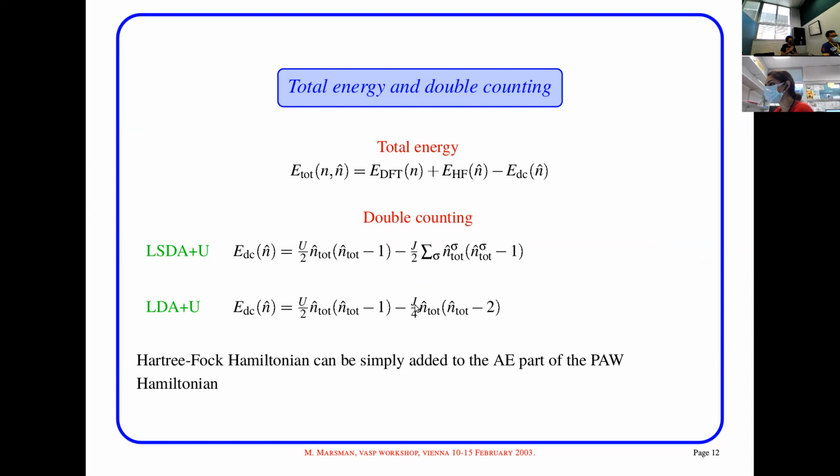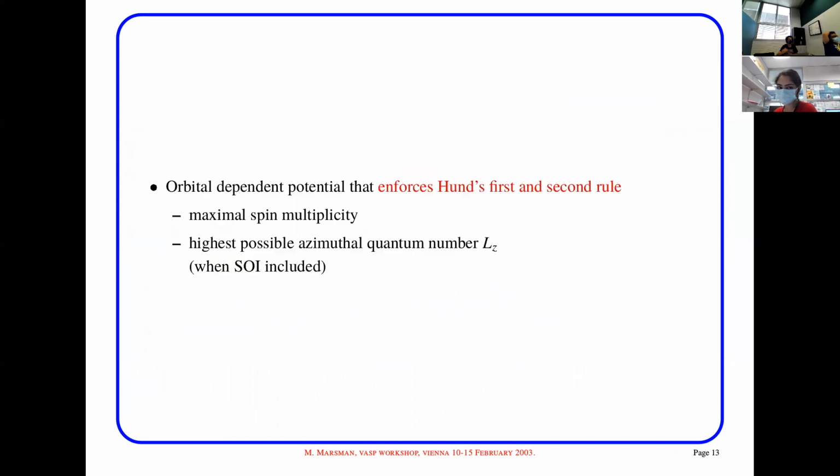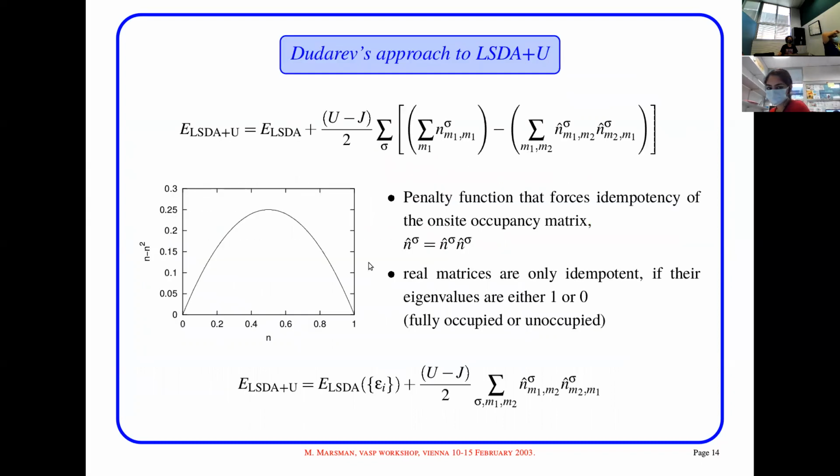That means that in the INCAR, you need to add a bunch of lines where you say, look, for this system, since you have localized electrons, you need to put U equal to something, J equal to something.